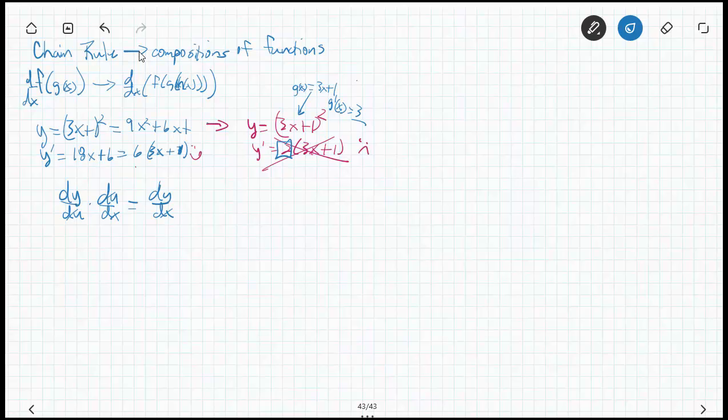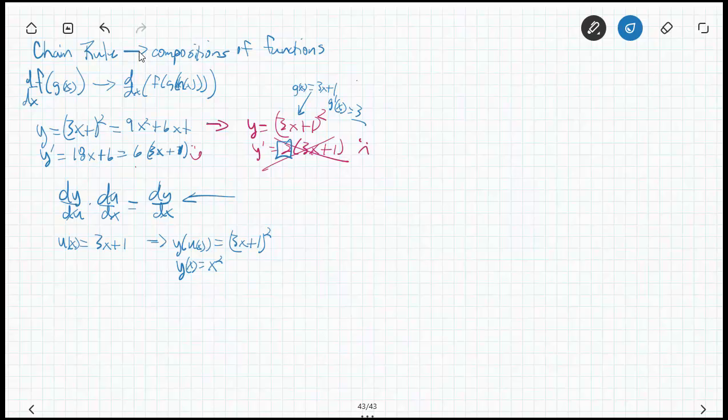So for example, in this case, if I let u of x equal 3x plus 1, then hopefully everybody agrees that y as a function of u of x is equal to (3x plus 1) squared. This would also say that y of u is equal to u squared, right? Because I just composed u of x, which is equal to 3x plus 1, inside of y of u squared.